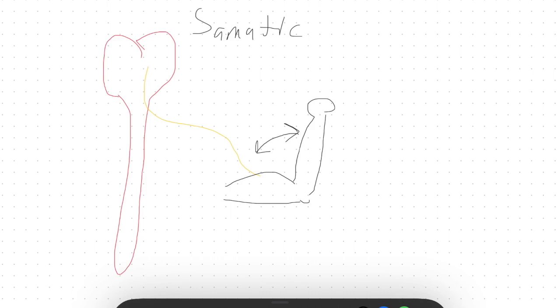The somatic motor neurons also use acetylcholine at their neuromuscular junctions. The somatic motor neurons interact with nicotinic cholinergic receptors on the skeletal muscles. The somatic nervous system controls voluntary movement of skeletal muscles, which is different from the other two, which are involuntary.